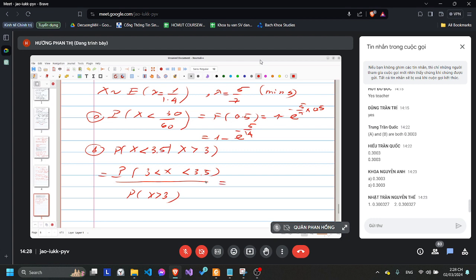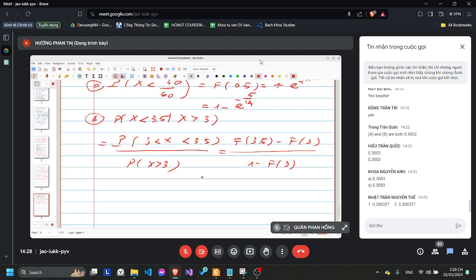Now, the numerator, we have F of 3.5 minus F of 3, over 1 minus F of 3. Okay, agree? Now, each of them, we write F of 3.5 will be 1 minus e power minus 3.5 multiplied by lambda. Lambda is 5 over 7.